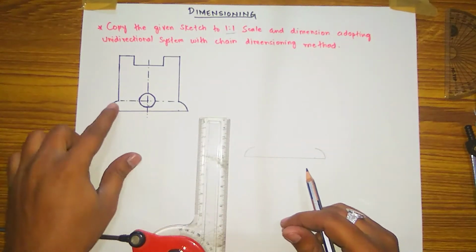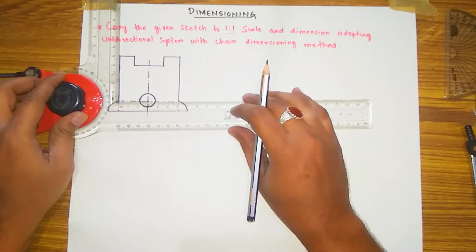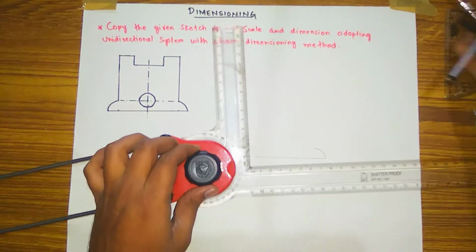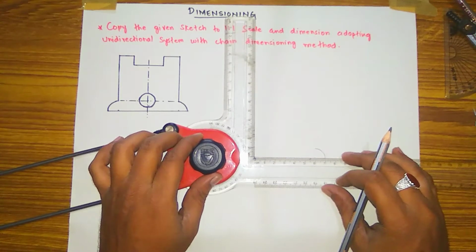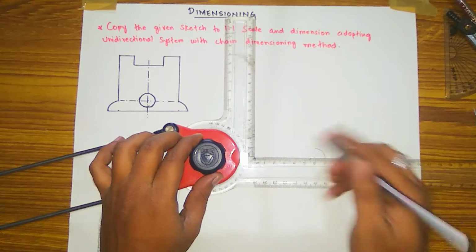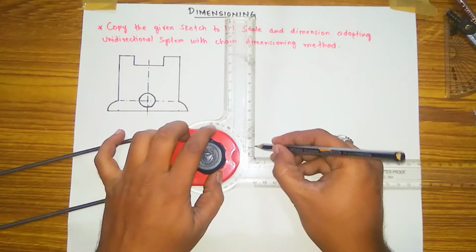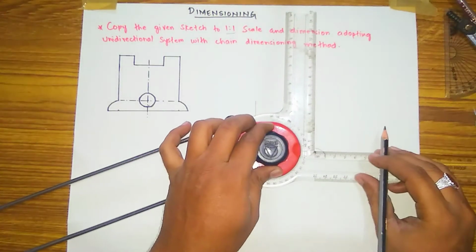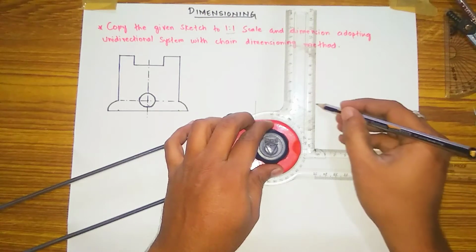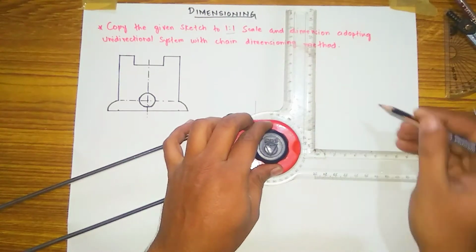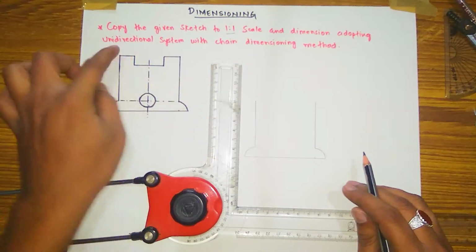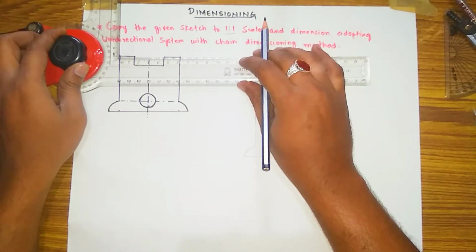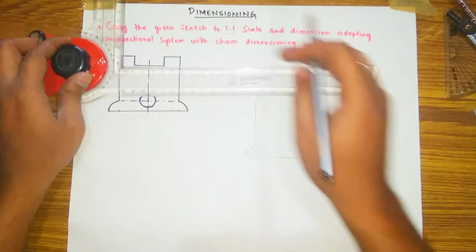Then after this, you have to draw this line. This line is 5 centimeter. So draw a 5 centimeter line. From here you have to start: 1, 2, 3, 4, 5. Then from here also 5 centimeter. After drawing these two lines, you have to draw this line. How much is it? Measure it. That is 15 mm, and this line is also 15 mm.